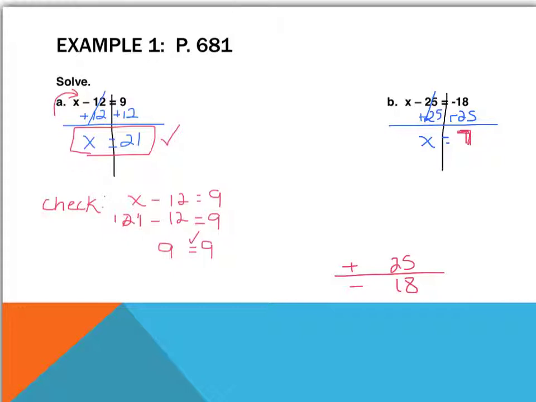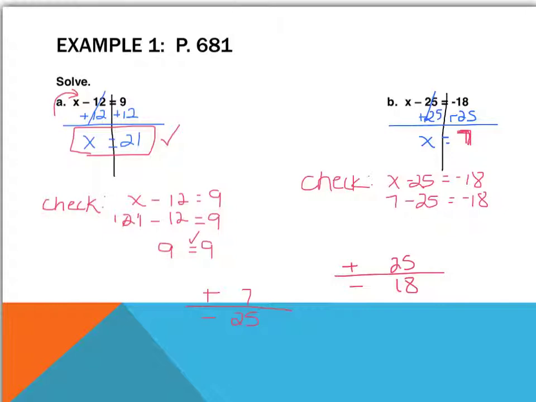Now I want to go back and check that solution. My original equation was x minus 25 equals negative 18. So I'm going to rewrite it as 7 minus 25 equals negative 18. If I have 7 minus 25, that means 7 positives, 25 negatives, which is equivalent to saying I have $7 and I want to spend 25.